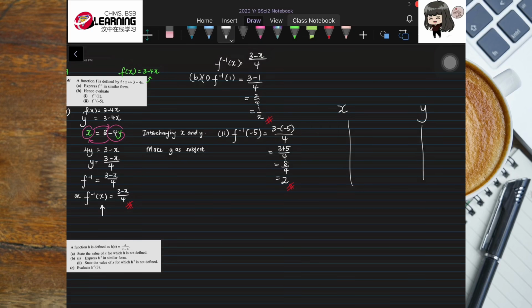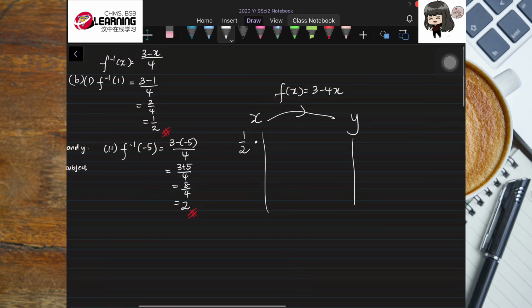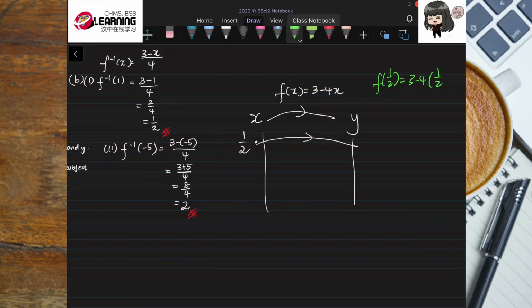Let's say you sub in 1 over 2 into the function 3 minus 4x, which is in this question. When you sub in half, it will become 3 minus 4 times half, which will give you 1. Your output here is 1.